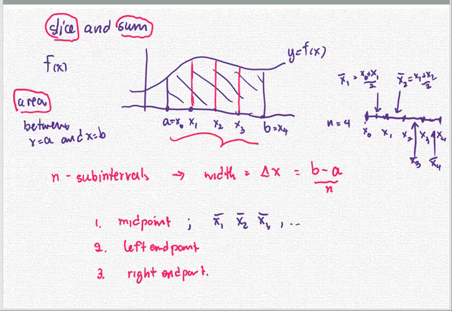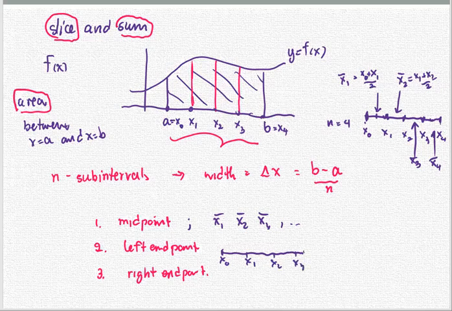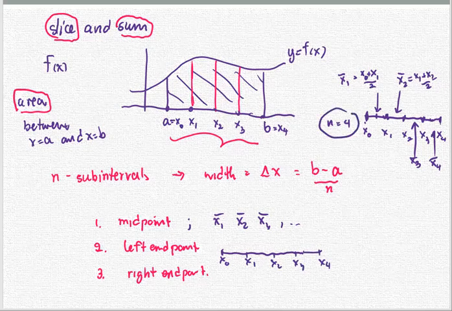And then for the left endpoint, from the real number line, I try to give you in the virtual format. So if we have x0, x1, x2, x3, and x4, in this case n equals 4, right? For the left endpoint, we're gonna use the left end of each subinterval.